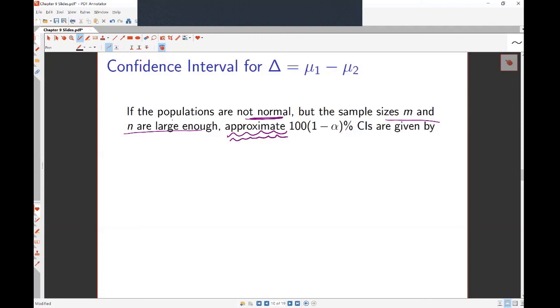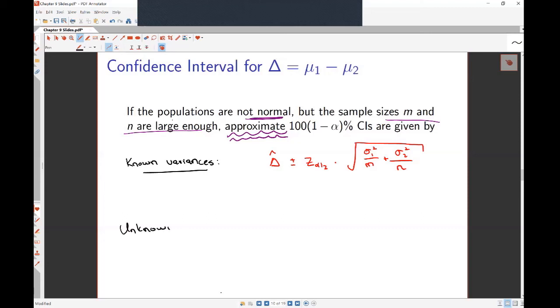So two formulas here, depending on if we know the variances or not. If the variances are known, then your confidence interval is given by delta hat plus or minus z of alpha over 2 times the square root of sigma 1 squared over m plus sigma 2 squared over n. So exactly the same formula as on the previous slide.